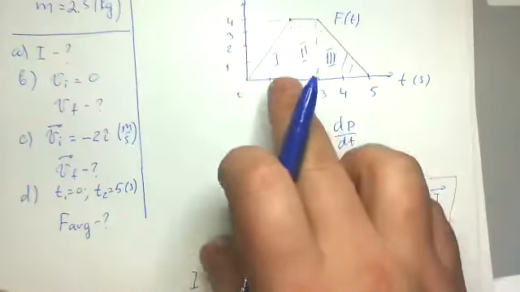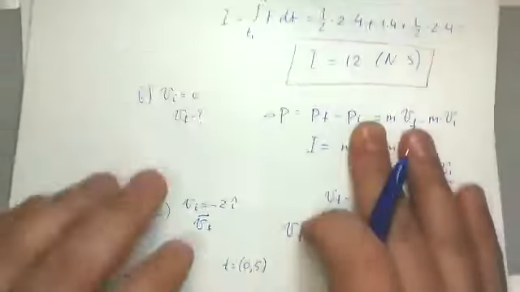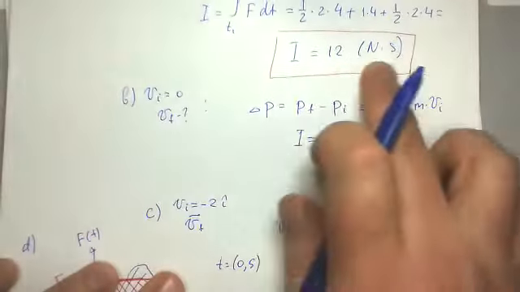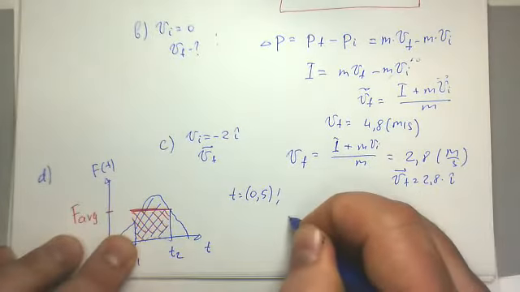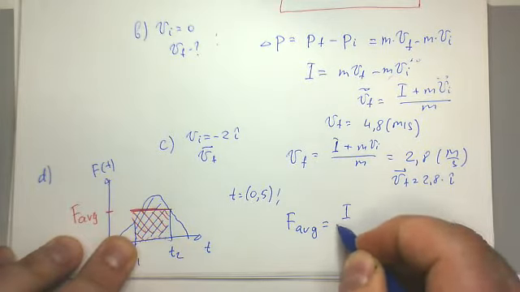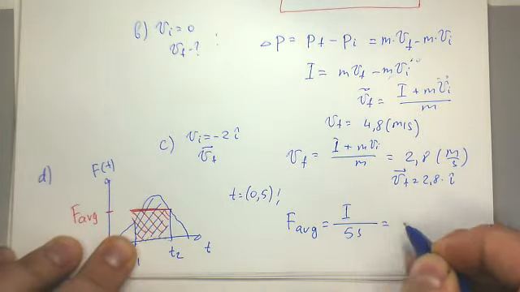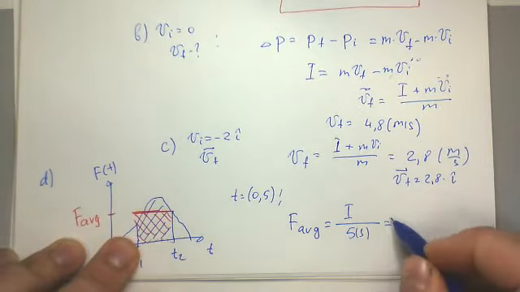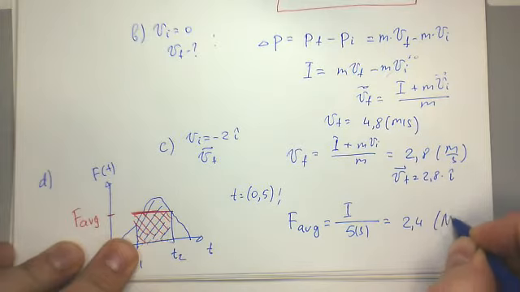And we already found the area under this line, the impulse, it's 12. Now to find the average force, F average is just equal to the impulse divided by delta t. Delta t is just 5 seconds. So the numerical value will be 12 over 5 seconds, and that's equal to 2.4 newtons.